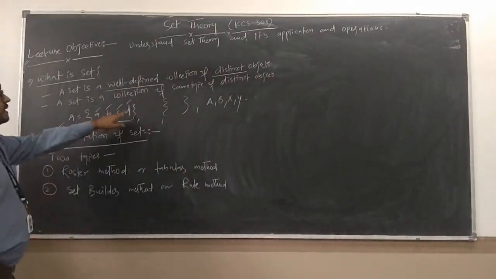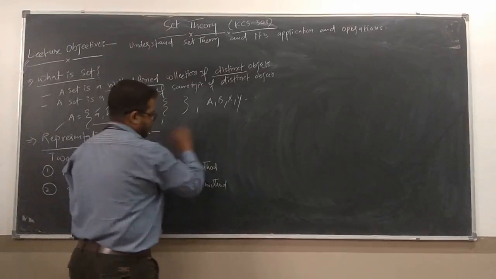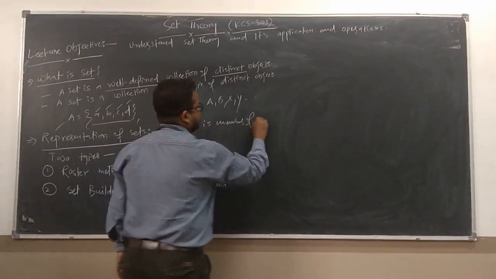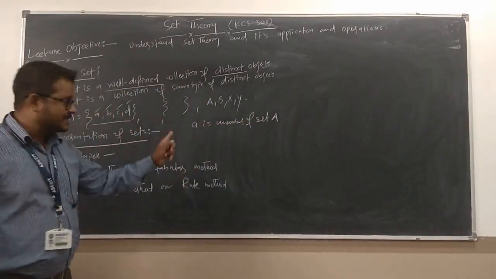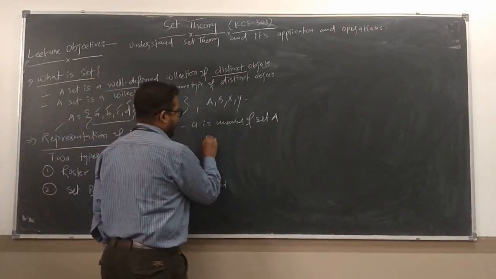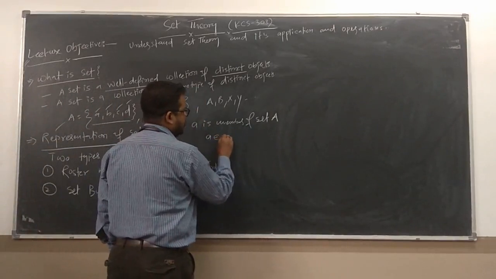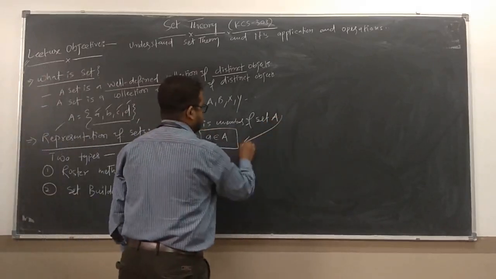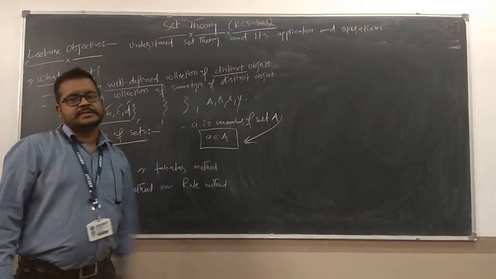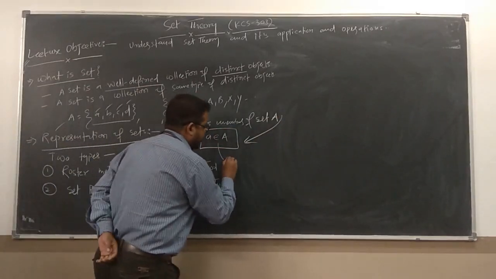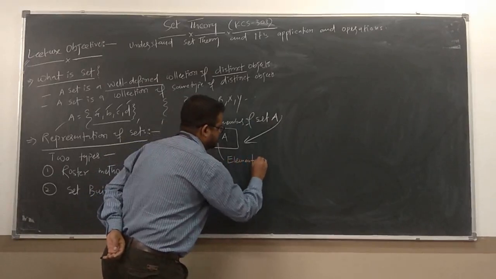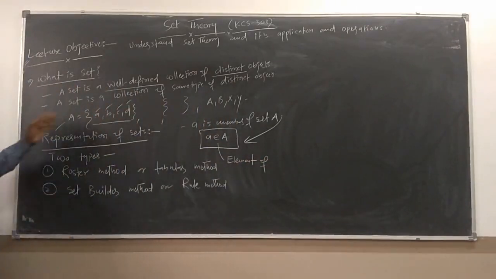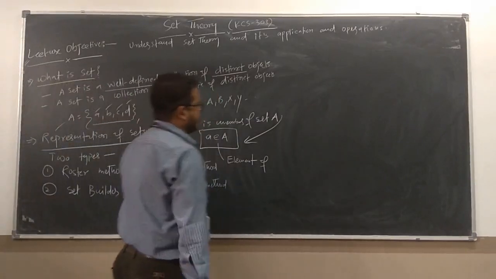A is a set of a, b, c, d, and if we want to say that a is a member of set A, we can write the same statement in symbolic form as a ∈ A. This is the symbolic representation of the statement: a is an element of set A. This is called the element of symbol.